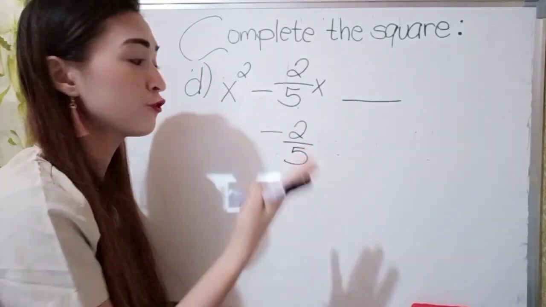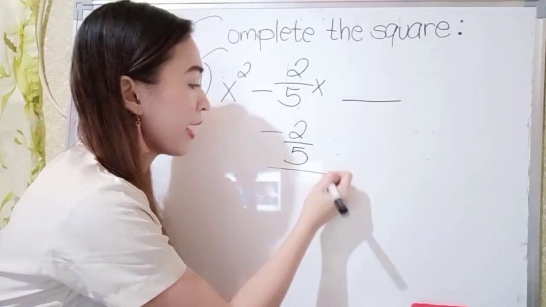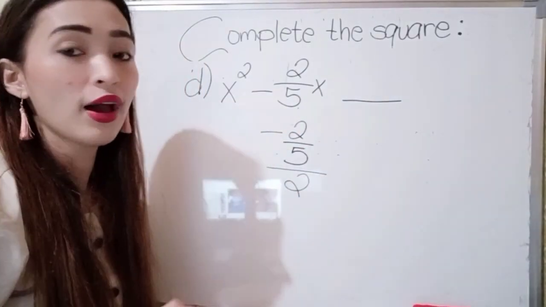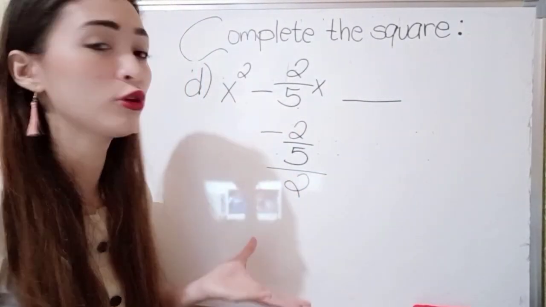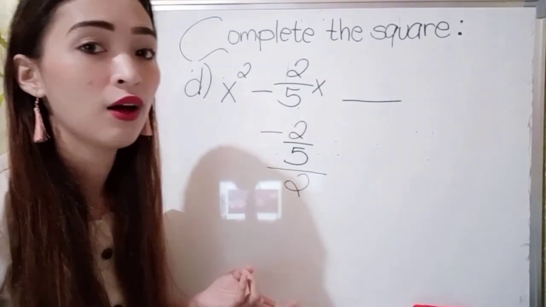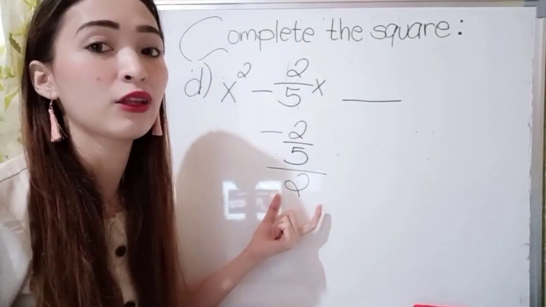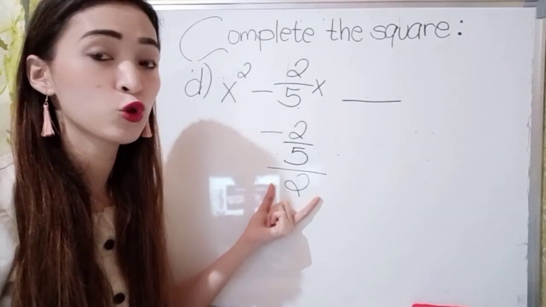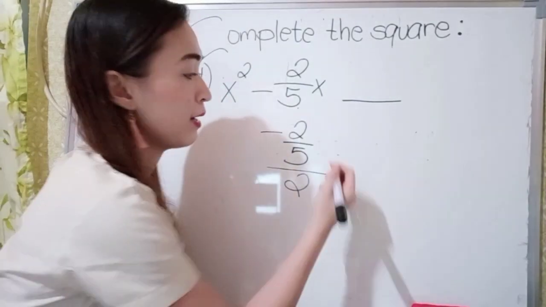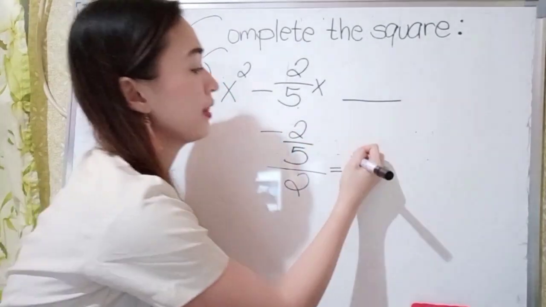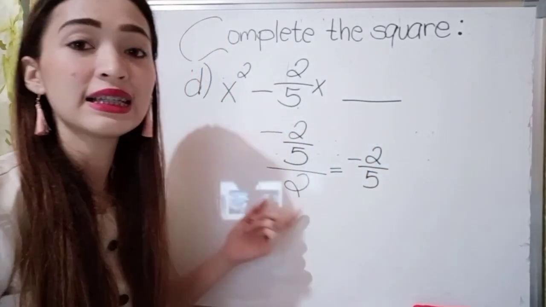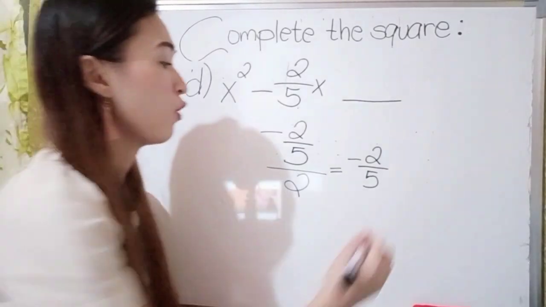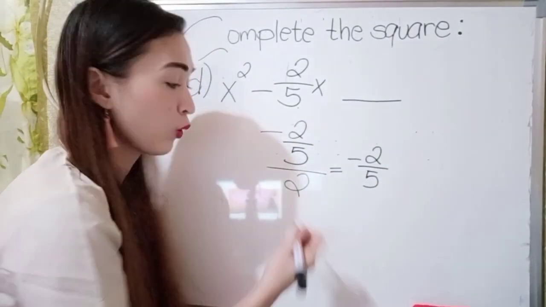So negative 2 over 5 divided by 2. To divide a fraction, what we're going to do is just take the reciprocal of the denominator. Our denominator is 2. What is the reciprocal of 2?